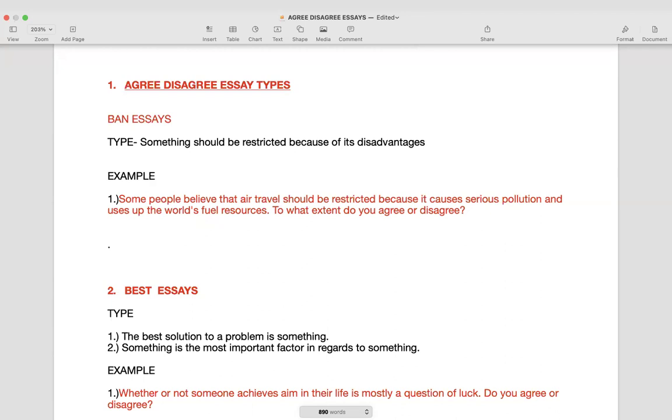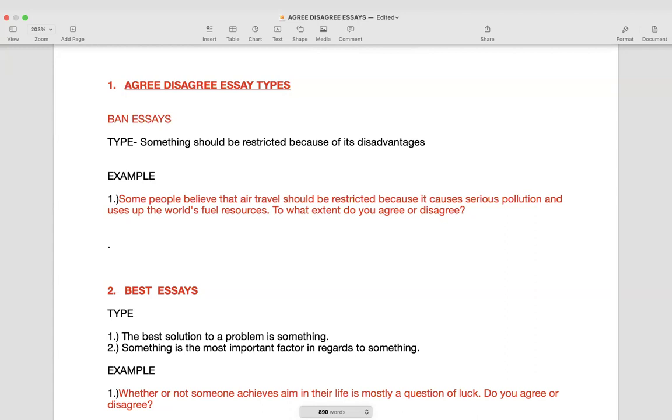The second essay type in agree disagree is best essays. Best means what? Sabse acha if I talk about it in Hindi, or the most effective, superior to everything else. So this question type is like that. They'll give a solution and they'll say this is the best solution to the problem. Or they'll say something is the most important factor in regards to something.